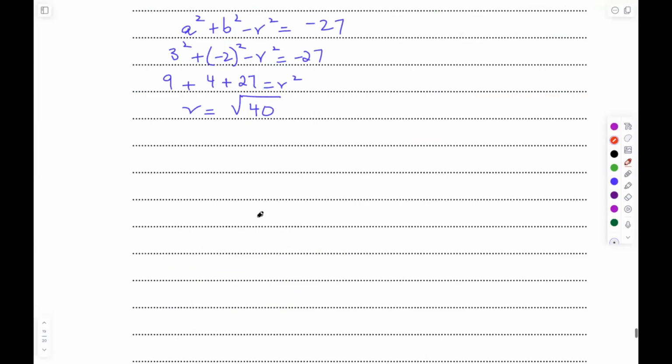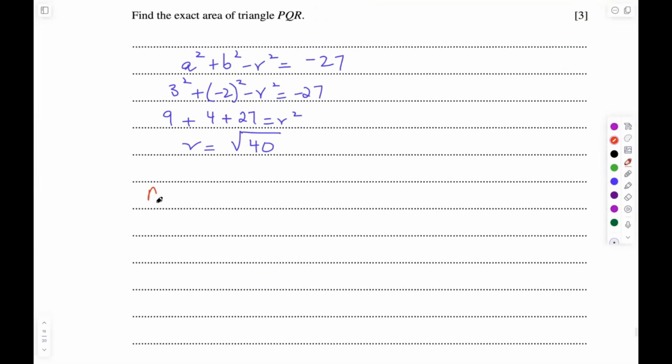So now finding the area of the triangle, we will write it as half ab sine C. The radius is square root of 40, so this will be half times square root of 40 whole squared multiplied by sine of 2 pi by 3. And as there are three similar triangles, the total area will be equal to 3 into half.